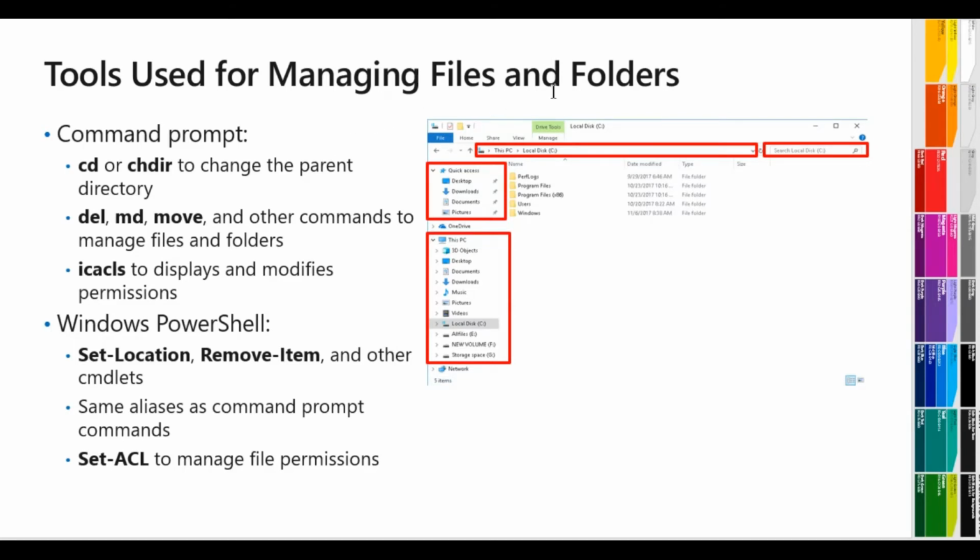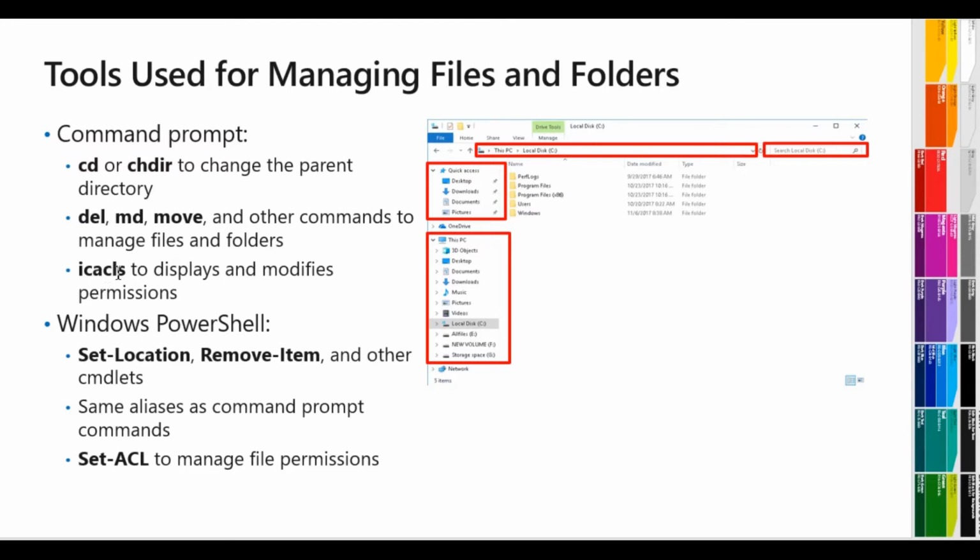Tools used for managing files and folders. We can use the command prompt, such as cd or chdir to change the current directory, and commands to delete, modify, move, and manage files and folders.